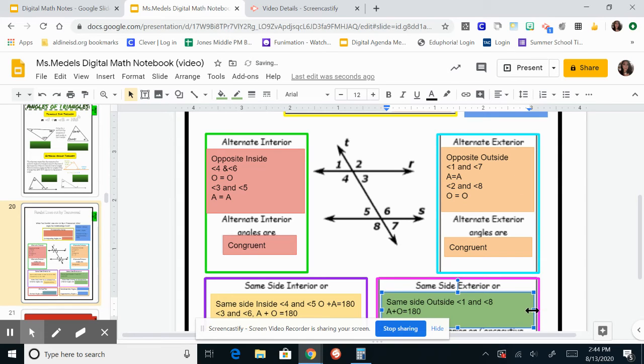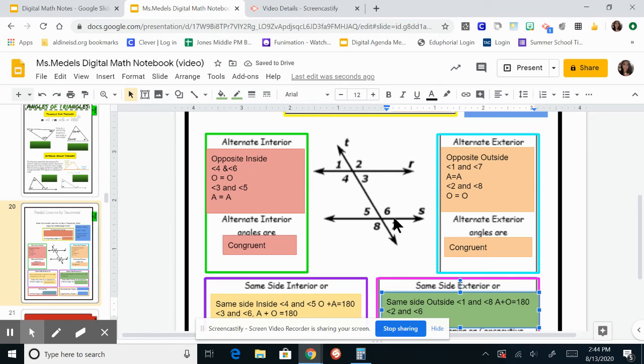And I'm going to make this a smidge bigger. Okay. Now my other pair of same side exterior angles is going to be angle 2 and angle 6.